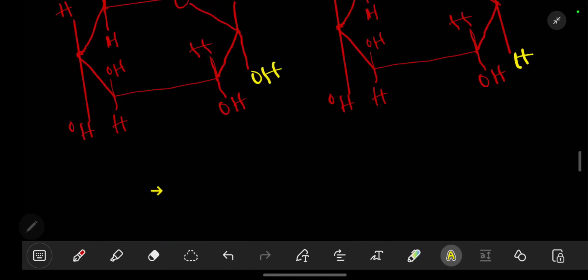So let's look at what are some of the structures that are formed when the alpha glucose combines.